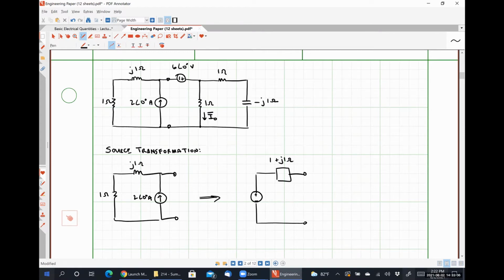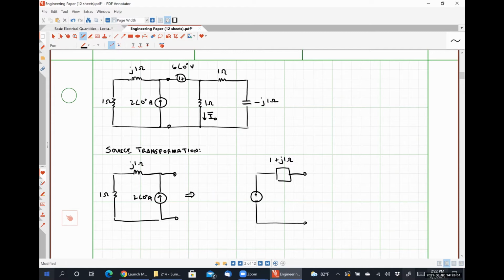So when doing a source transformation, what are the rules? I know that my impedance here has to stay the same, but how do I get that voltage? Ohm's law. Yeah, Ohm's law, exactly right.